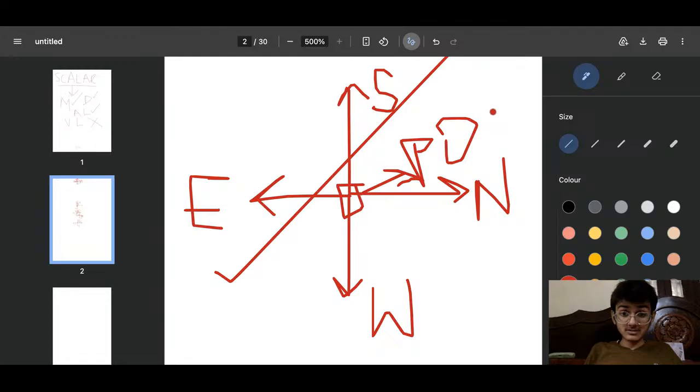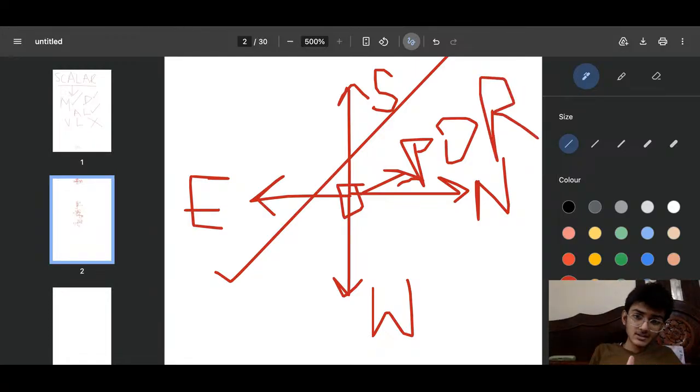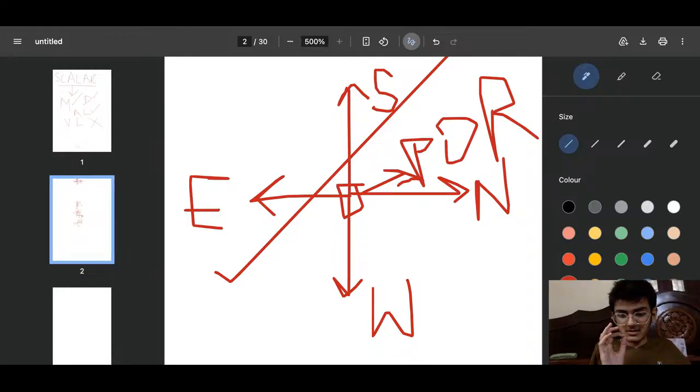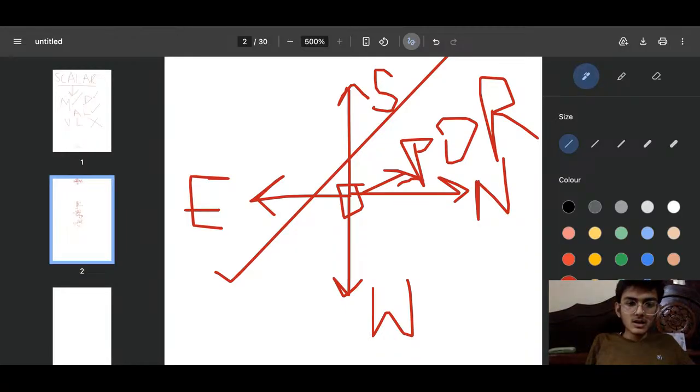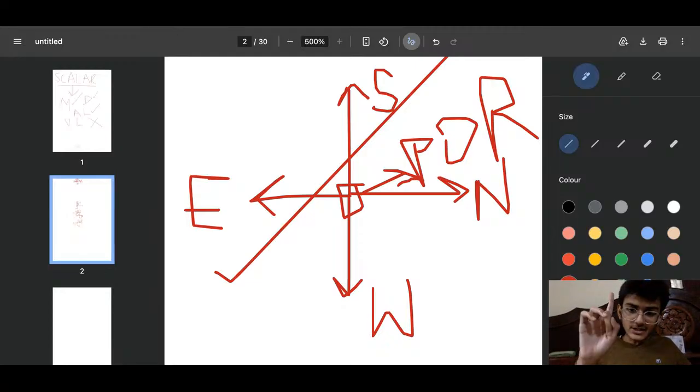But everything I explain is true 100%. But the convention is also something that holds meaning. According to the convention, the direction which is vertically upward is north, and the direction which is vertically downward is south.